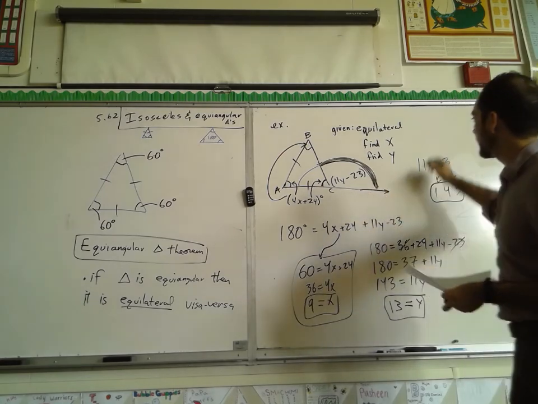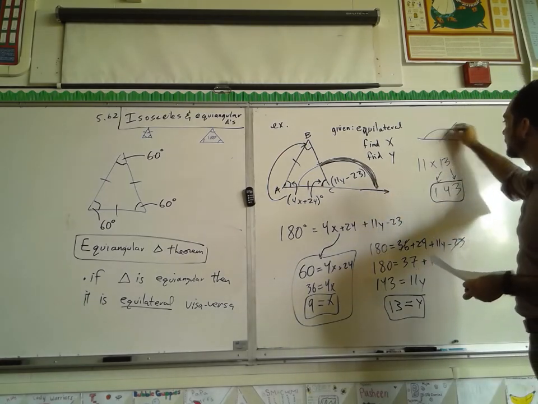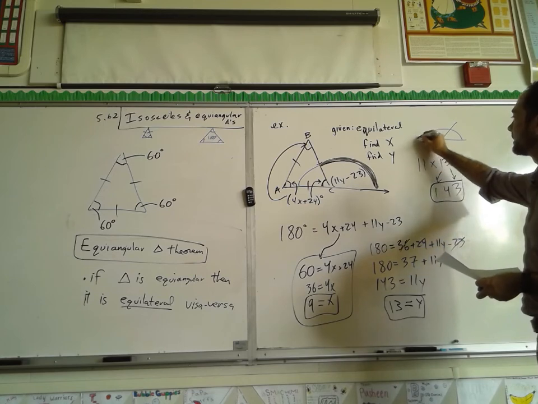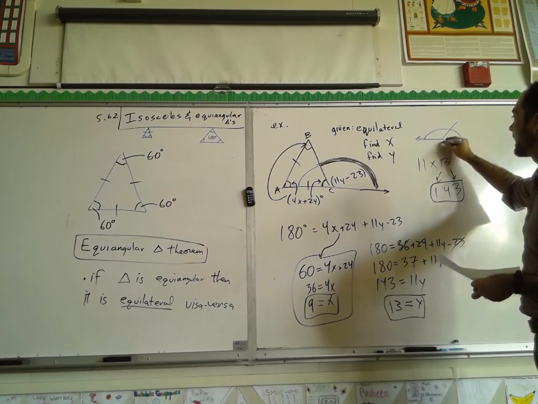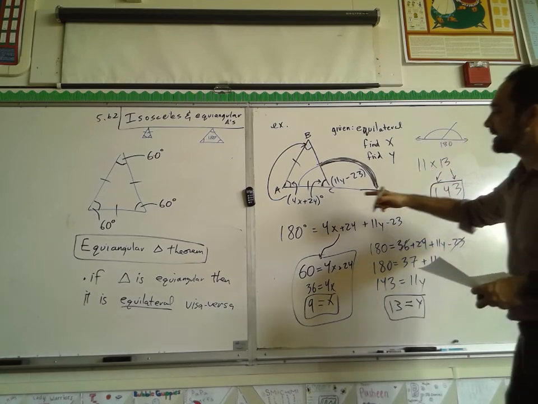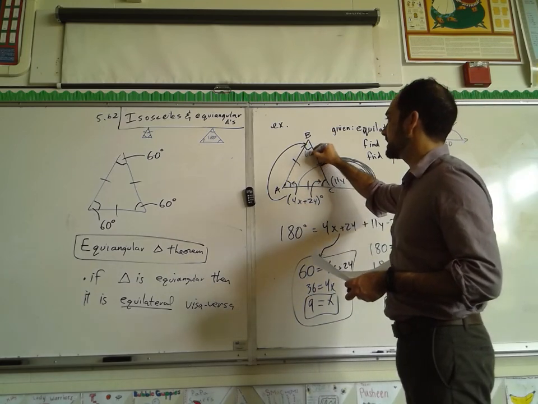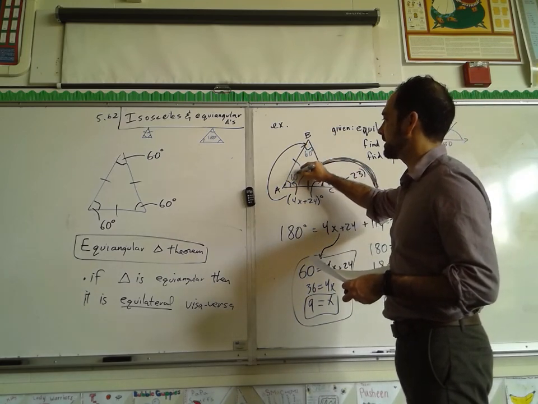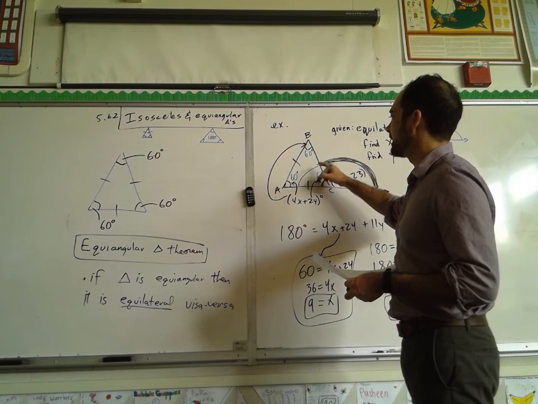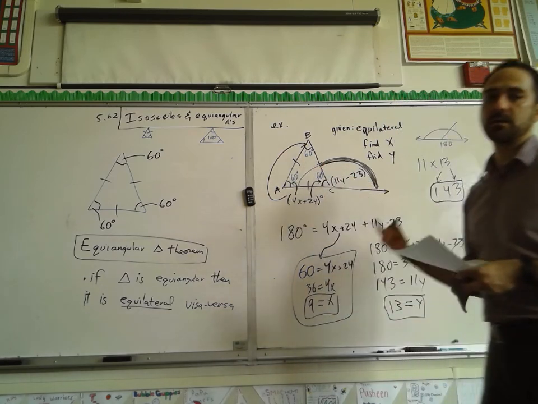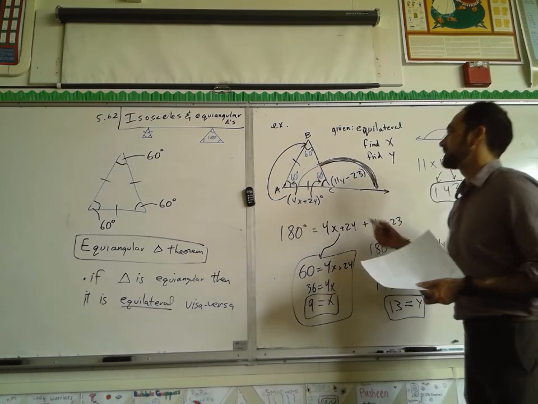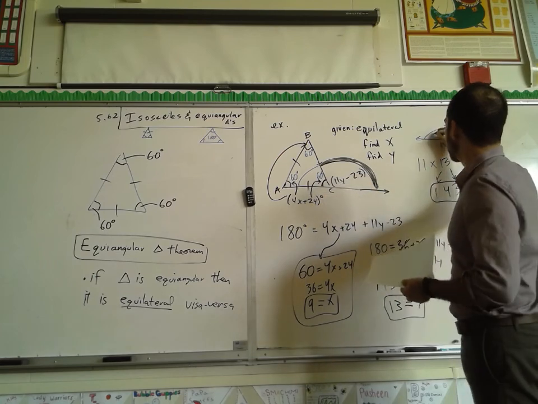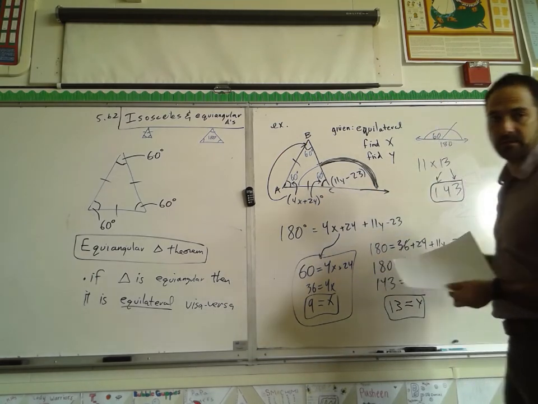So again, I know that if two angles create a straight line, a horizontal line, then they add to 180. So because this is equiangular, this is 60, has to be the same. They're the same angle. 60 and 60. All the angles in the triangle add up to 180, so 60, 60, 60. So if this is 60, that's really saying that we have 60 over here.